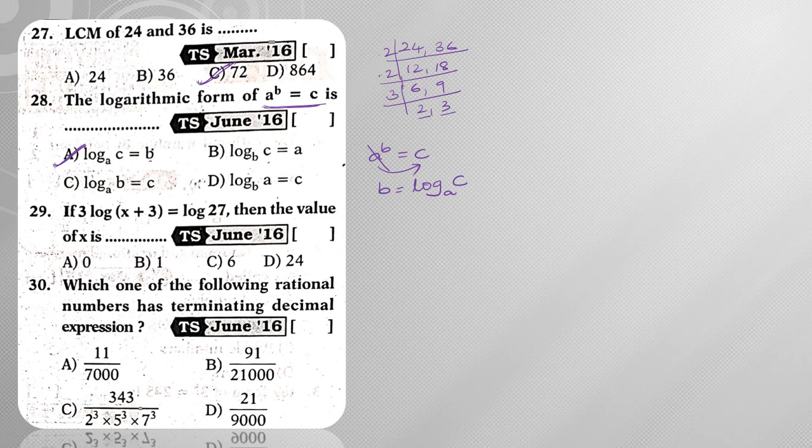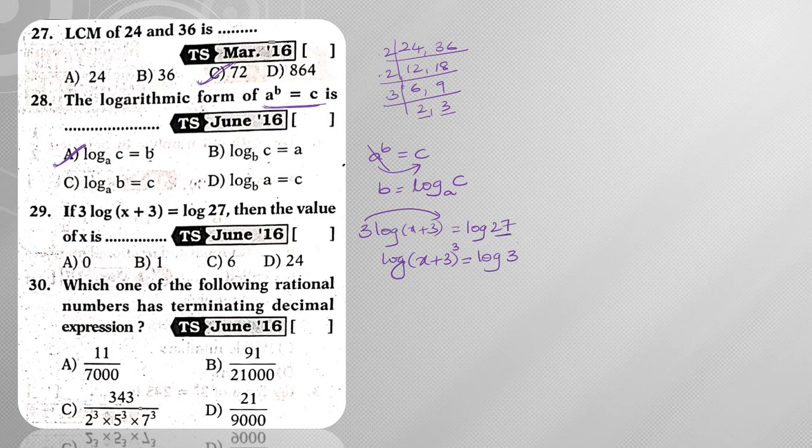Next, moving on to question number 29. If you observe this carefully, 3 times log of x plus 3 is equal to log of 27. This particular 3 I can bring as a power, then I can write log of (x plus 3) whole cube is equal to log of 27.